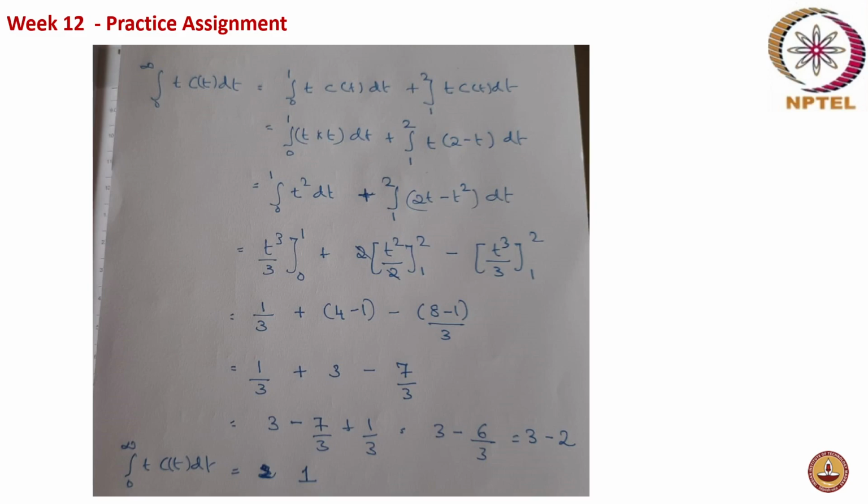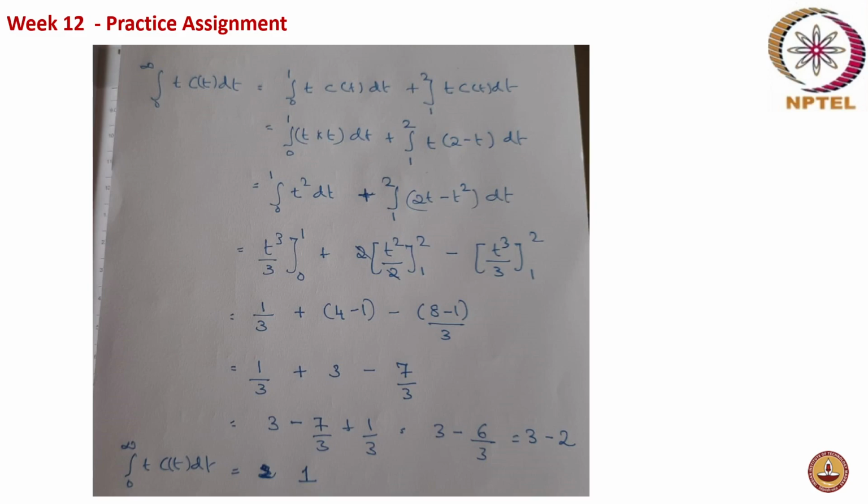Substituting both expressions into integral 0 to infinity t into C of t dt, you will get integral 0 to 1 t into dt plus integral 1 to 2 t into (2 minus t) into dt. That is equal to integral 0 to 1 t square dt plus integral 1 to 2 (2t minus t square) dt.